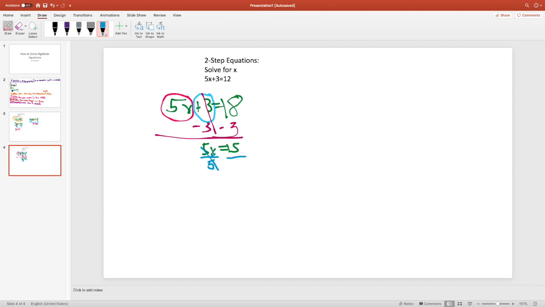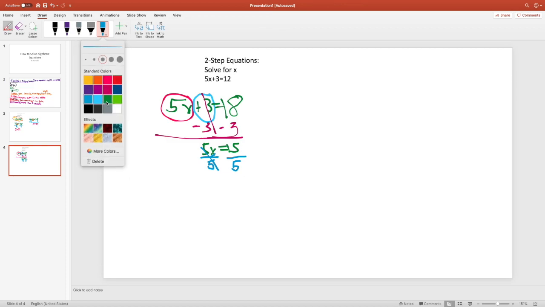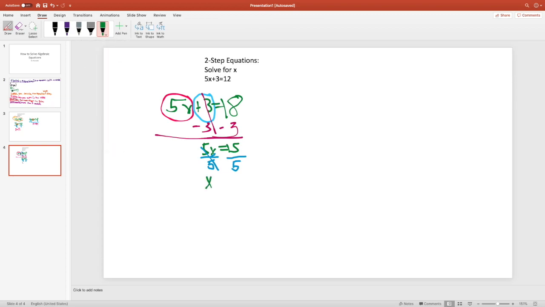Since we did it to one side, we have to do it to the other side. So now, after we divide, we get the solution: x equals 3. That's simple, isn't it?